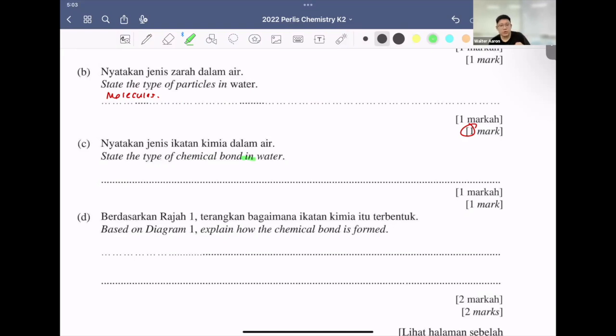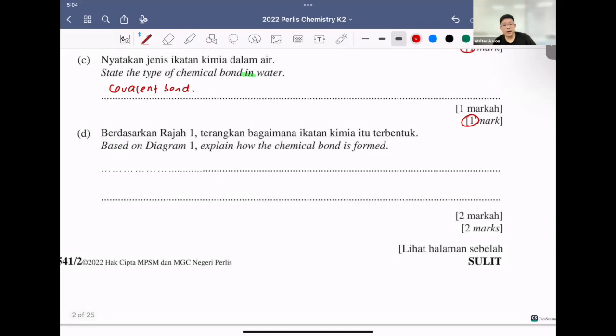If it's in water itself, meaning within the water molecule, then it should be referring to the covalent bond. Unless they say between the molecules, then of course it's going to be hydrogen bonding. So for this part, let's put covalent bond. You get 1 mark.